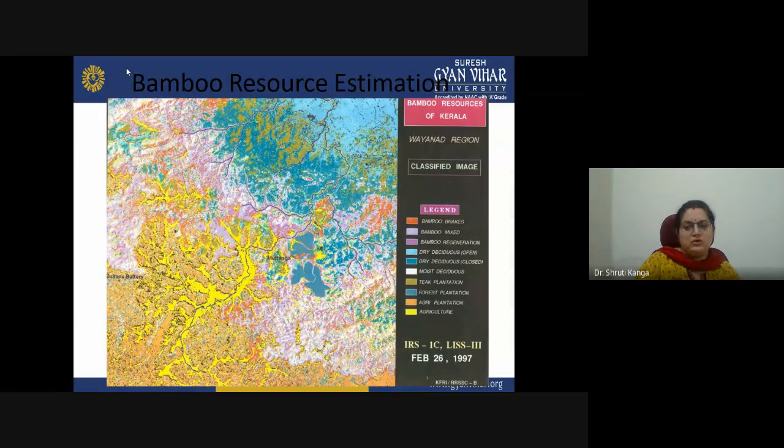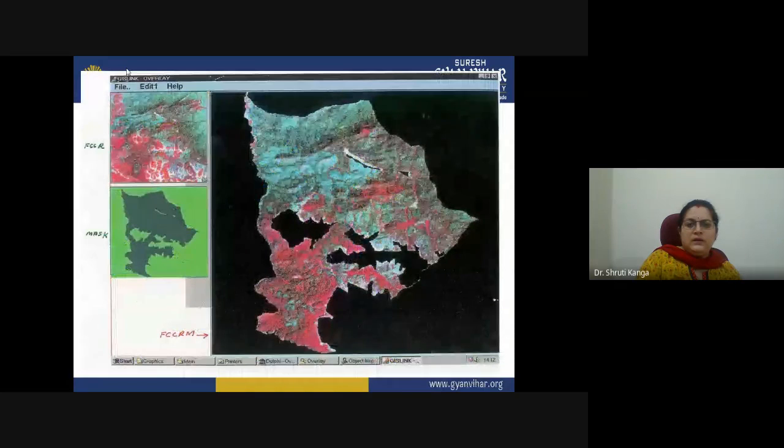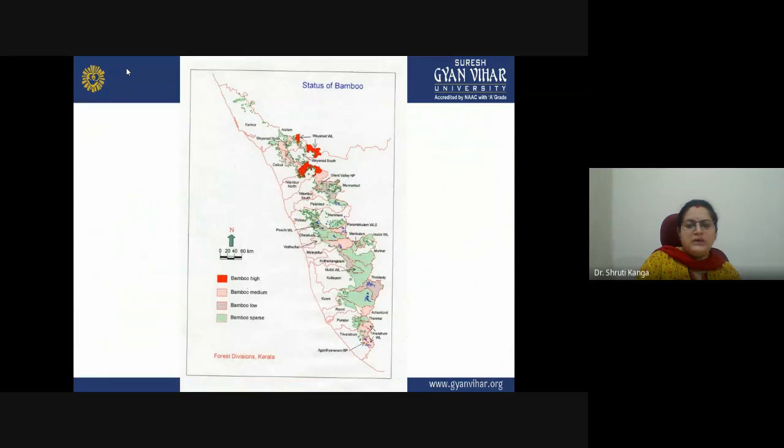bamboo regeneration also. Okay, then the status of bamboo in Kerala, here in the north, or in northeastern part of Kerala, you can find there is a high potential of bamboo, whereas the areas in pink have medium potential, and the area in light purple color has the low potential, and the area in green is having the sparse bamboo distribution.